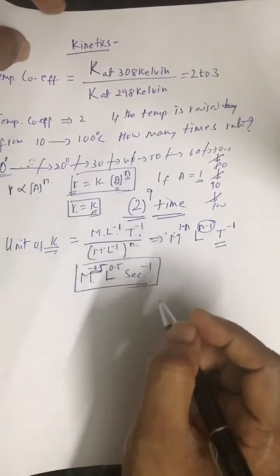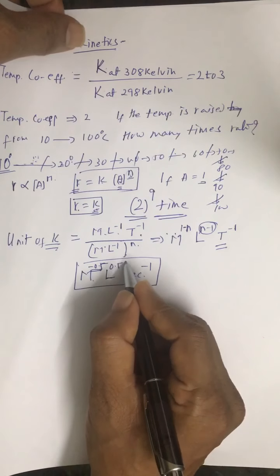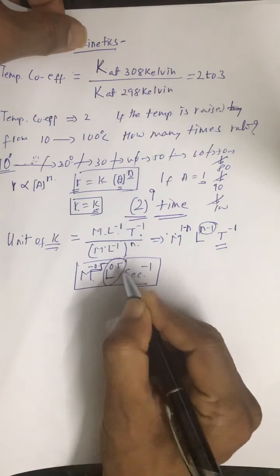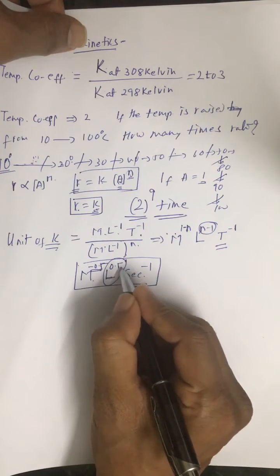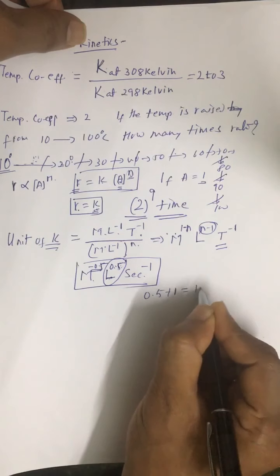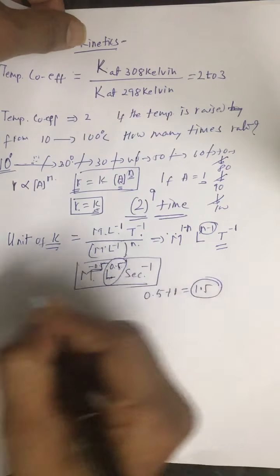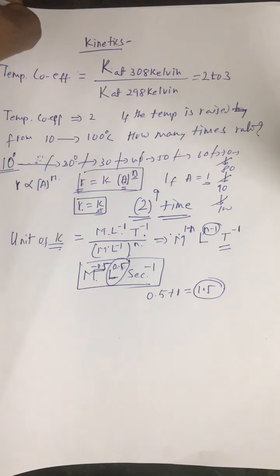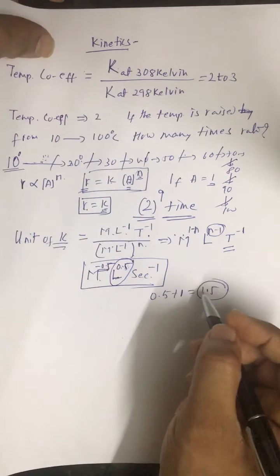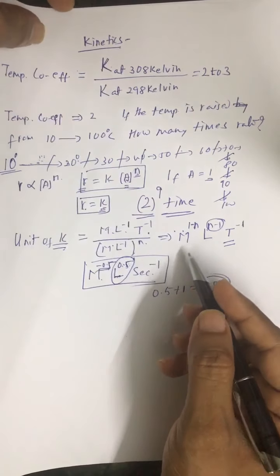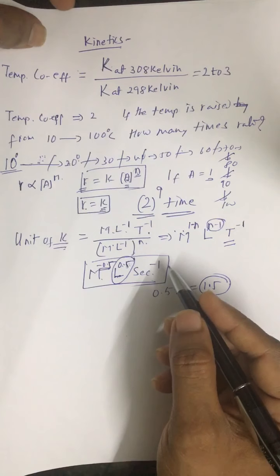So the simplest way is, if the unit of k is given, just check the power of liter. Whatever is the power of liter, just add 1 to that value, and you will get the correct order of reaction. So by this method, if velocity constant's unit is given, you can find out the order of reaction.